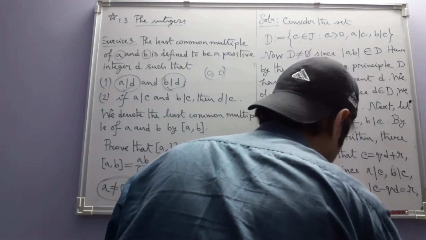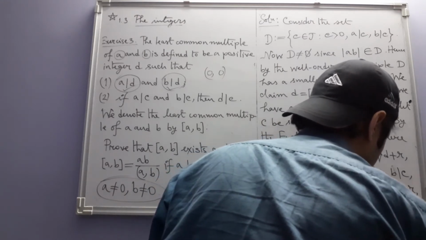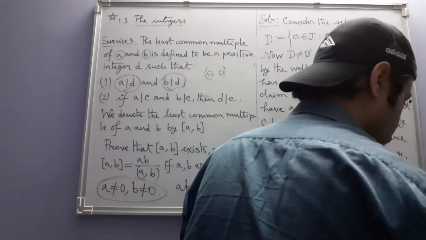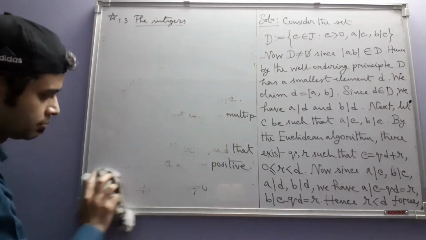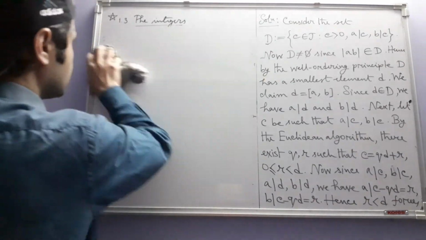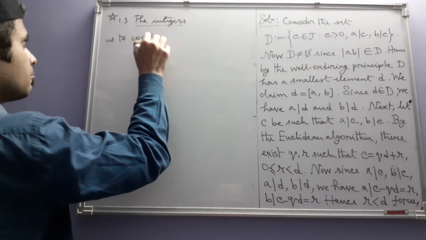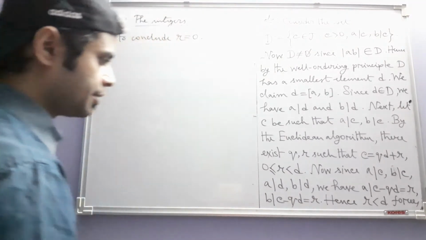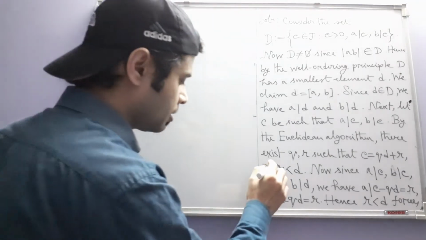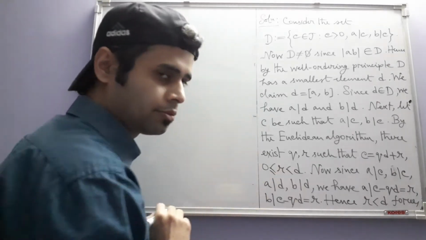Hence, R less than d forces us to conclude that R must be equal to 0. There is no possibility for R to be positive due to the minimal nature of d.